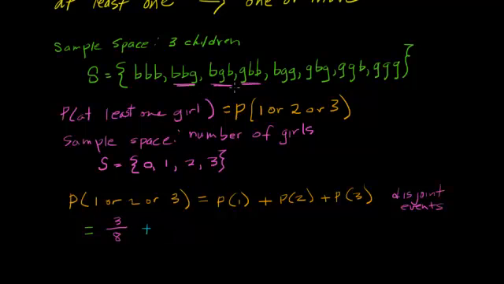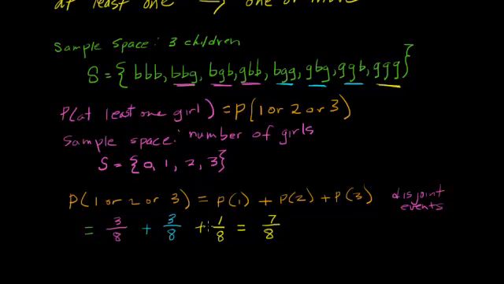Here are 2 girls, 2 girls, 2 girls. So there are 3 ways out of 8 possible outcomes to end up with 2 girls. And finally, 3 girls. Well, there's only 1 way for that to happen, right? So 1 out of 8. So we can see that there's a 3 plus 3 plus 1, or 7 out of 8 probability that when a couple has 3 children, they have at least 1 girl. To have at least 1, you have 1, or you have 2, or you have 3. All of those represent at least 1.